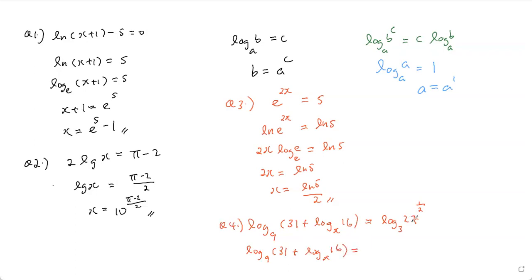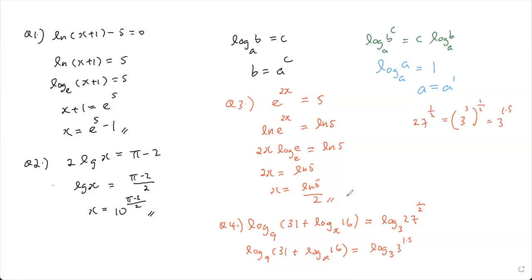So 27 to the power of half is 3 to the power of 3 to the power of half, which is 3 to the power of 3 over 2, which is 1.5. So this is log of 3 to the power of 1.5.